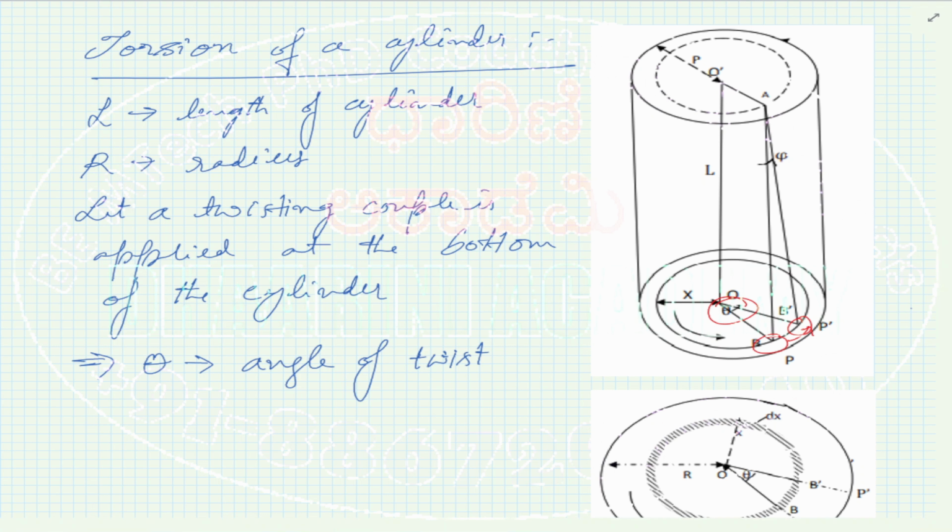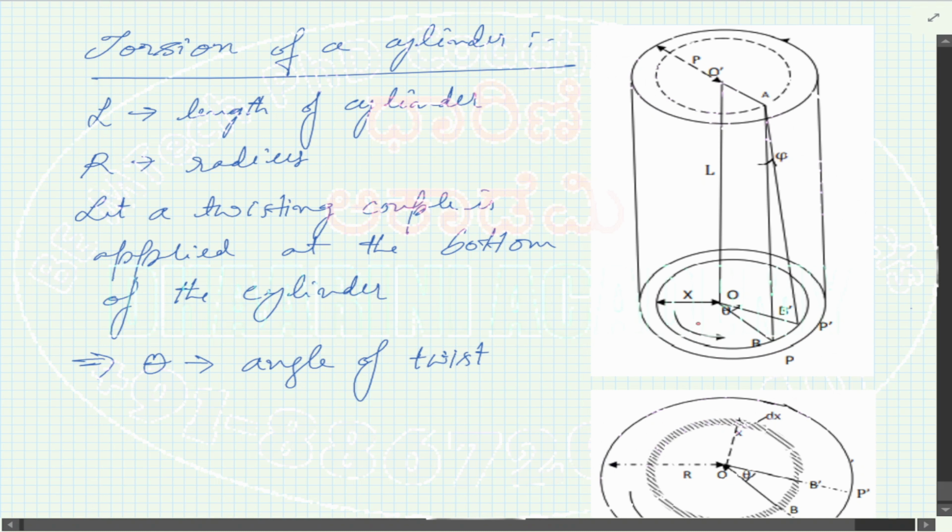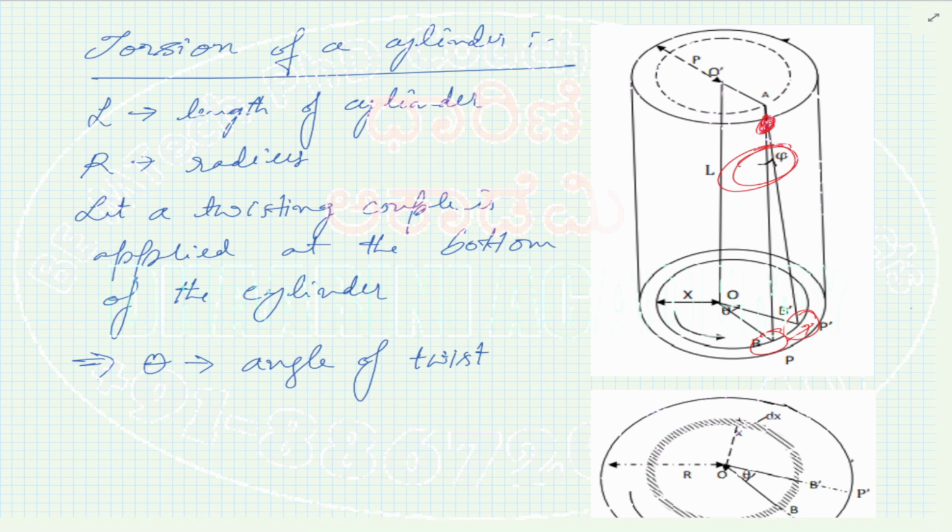At the same time, there is another angle that can be measured because of the movement of B. Originally B was here, and this moved to B dash. So now you can measure an angle phi. Two different angles can be measured for this particular point.